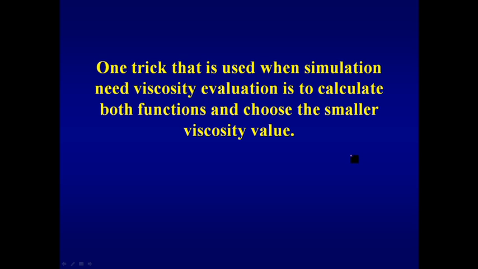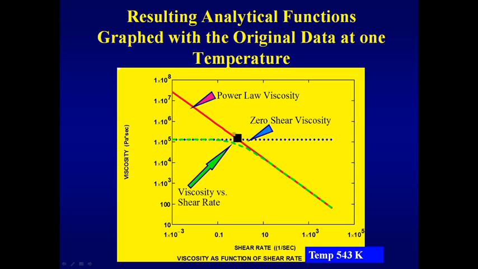We can use one trick in the simulation, since the two regions are not constant. We look at the curve we looked at before. This green line is our viscosity function. We have our Newtonian viscosity here. We have our power law viscosity here.